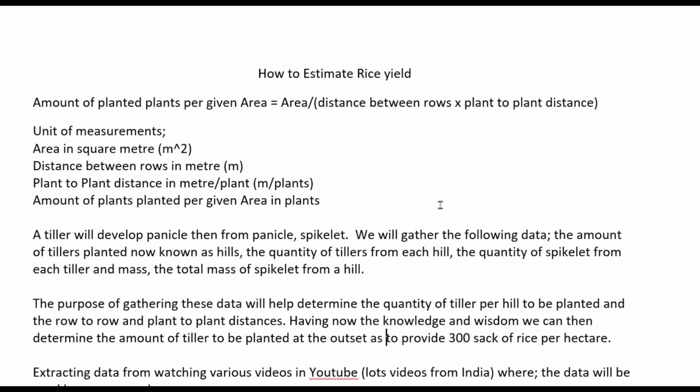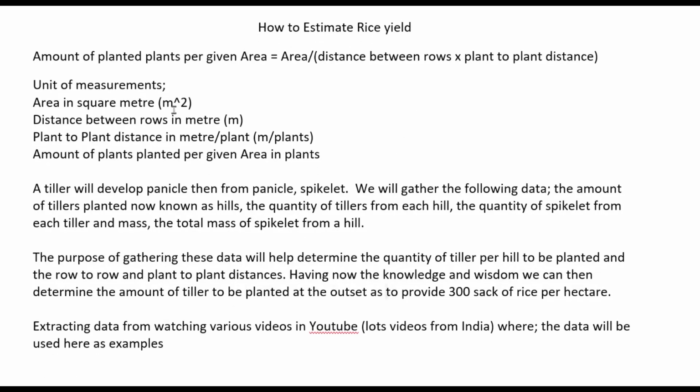So the first thing I want to know is, how do we estimate rice yield per hectare? So I found out that we can actually determine the amount of plants planted per given area. So the equation is area, and then the distance between rows, and then the distance between plant to plant.